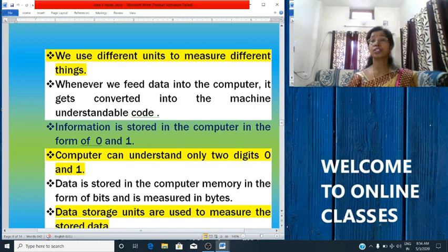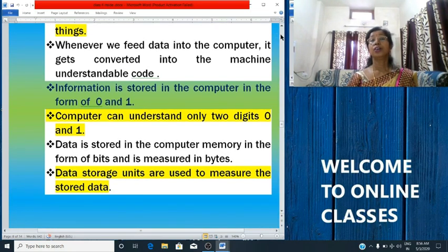What are these units? So, a computer measurement unit is that unit which is used to measure the size of any data storage device or a computer file. That is to say, how big or small a file is.